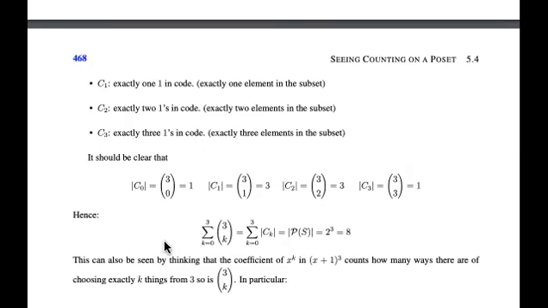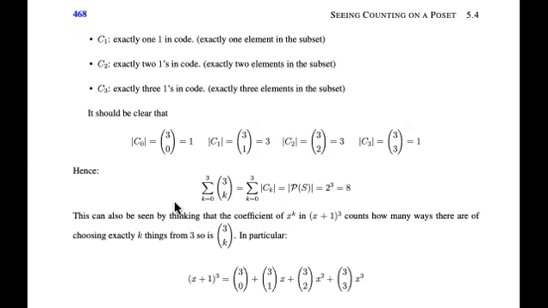All right, so let's look at this. For instance, if we add up all the sizes of these categories, we get the number of subsets. That's because these categories partition the power set.